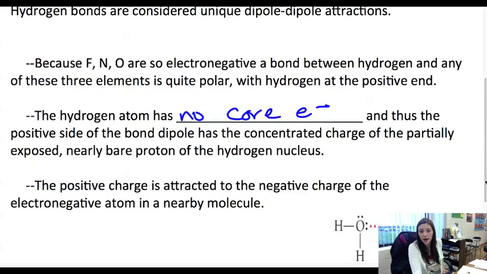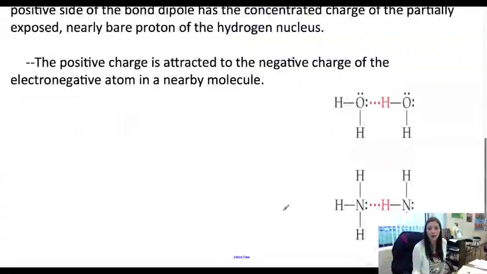So what you really have here is a positive proton in the form of hydrogen, and then it is attracted to a very electronegative F, O, or N. So you've got a really negative charge and pretty much a total positive because you only have a proton. And so you get a very, very strong attraction.